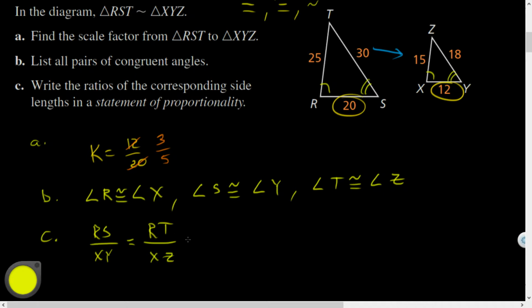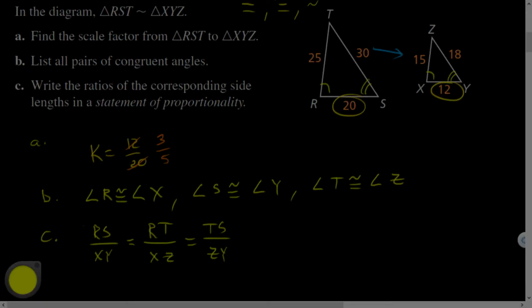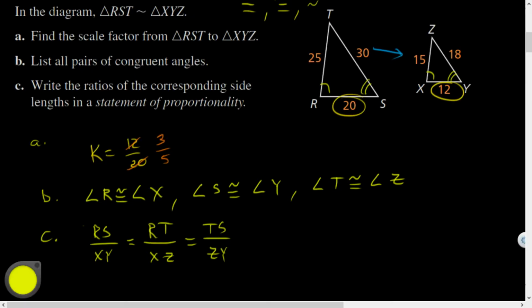And that is as TS is to ZY. All right, and I ended up doing big over little here, but they also could have been done the other way as well. So all of those are going to be proportional to one another. The key is arranging these similar parts to each other.